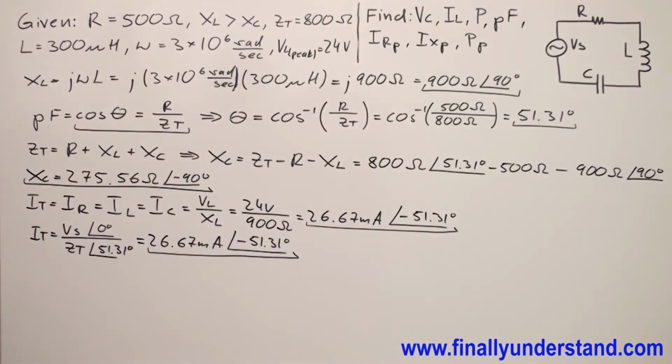Next, we're supposed to find the voltage across the capacitor. So I have X of C, I have current which goes through this capacitor. I can find VC.